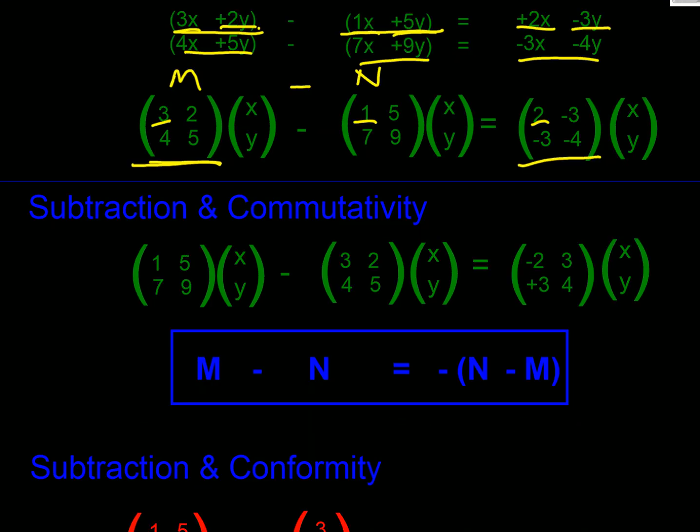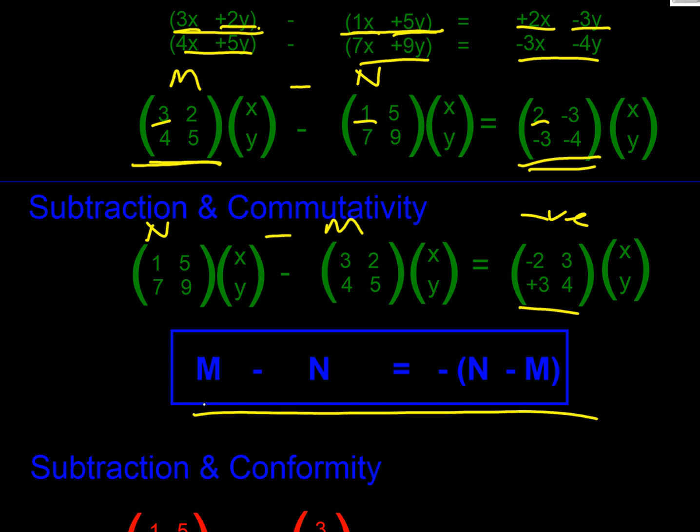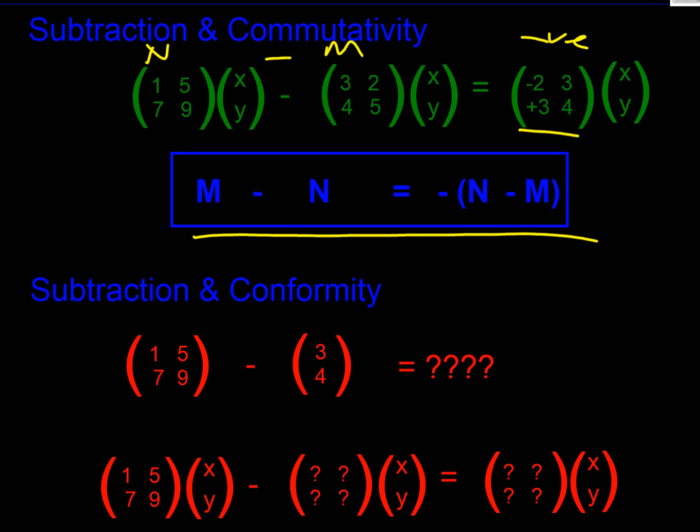And what about commutativity? Well, if I swap these over and I've got n minus m, then I get the same values, don't I? But I get the negatives. Well, that's exactly what we expect to see in ordinary subtraction, isn't it? 5 minus 3 is the negative of 3 minus 5. Yeah, so that works like ordinary operation of numbers.